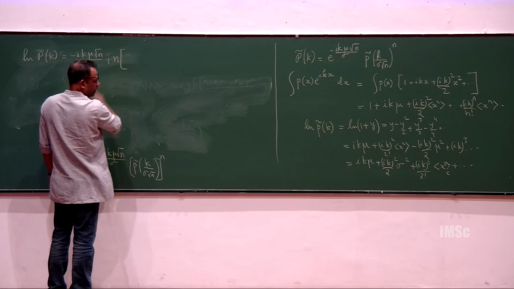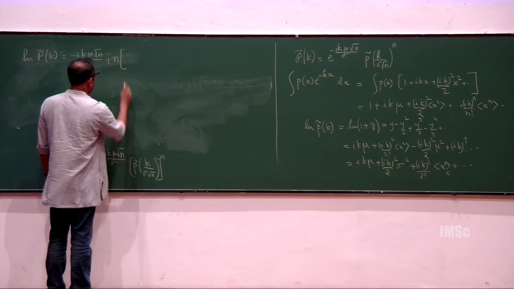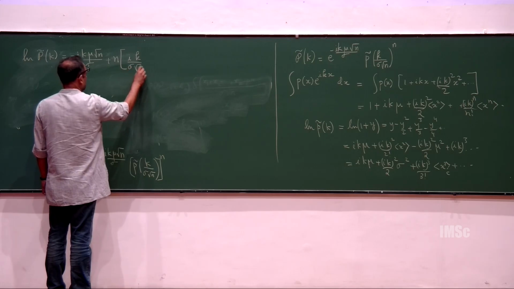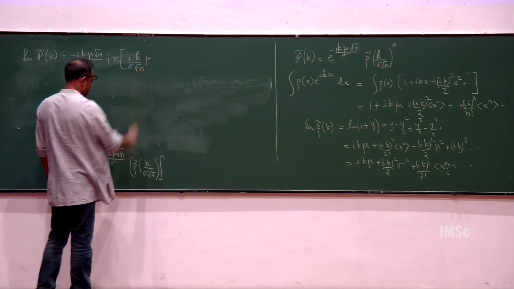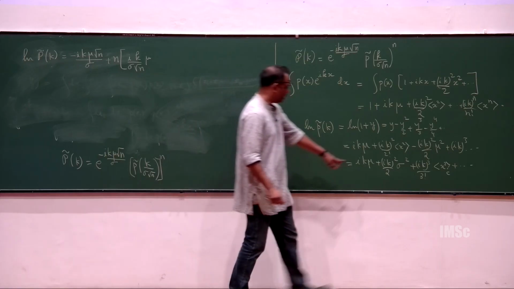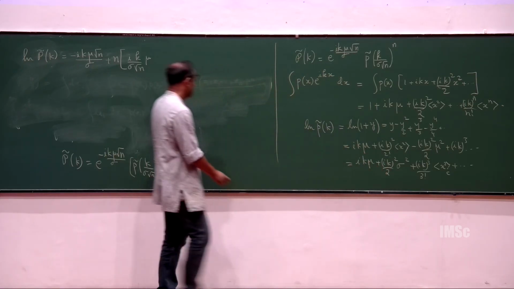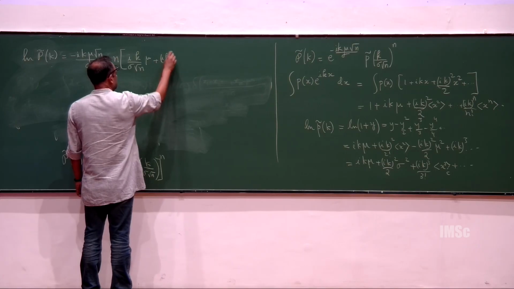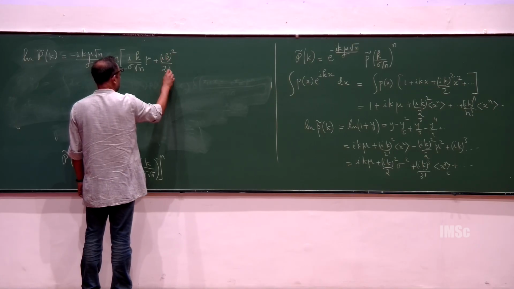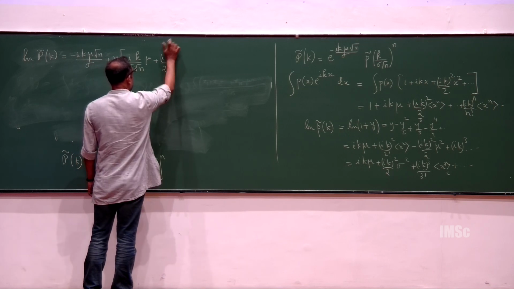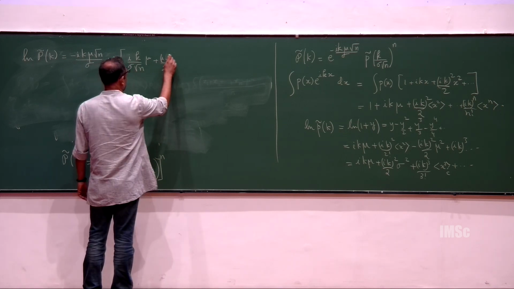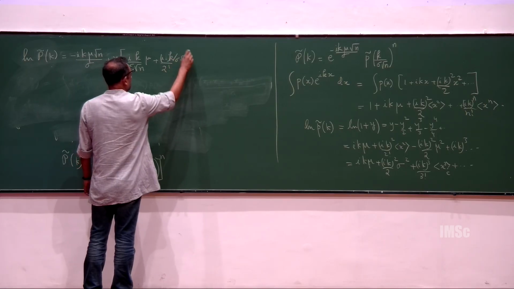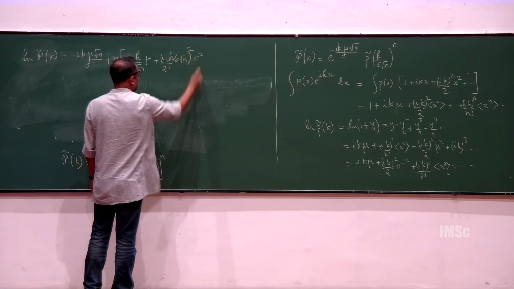First term is I k mu. I k mu is I k by sigma root n. Second term is I k the whole square by 2 factorial plus I k, but k I have to replace with k by sigma root n, the whole square, sigma square.